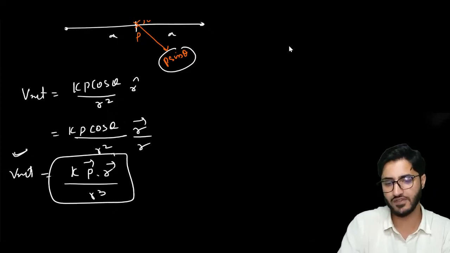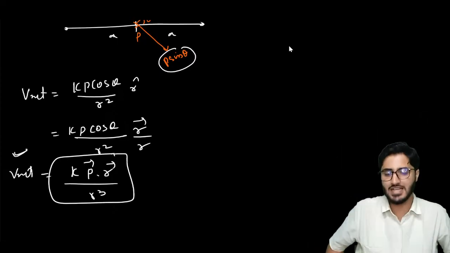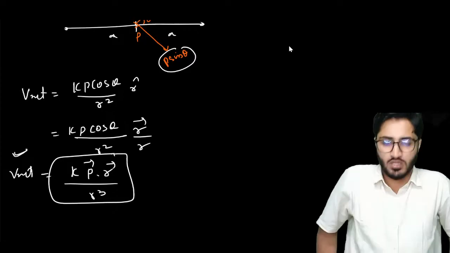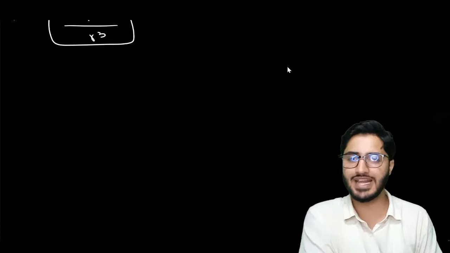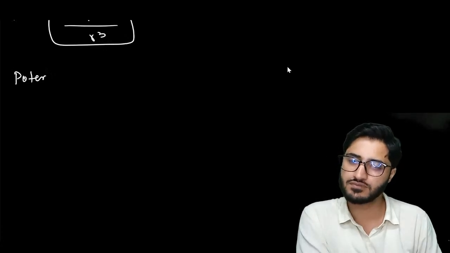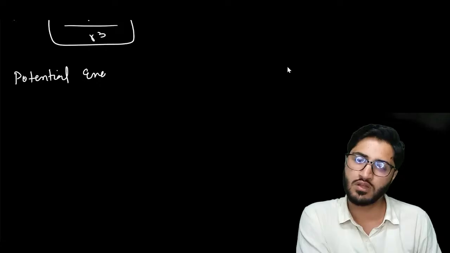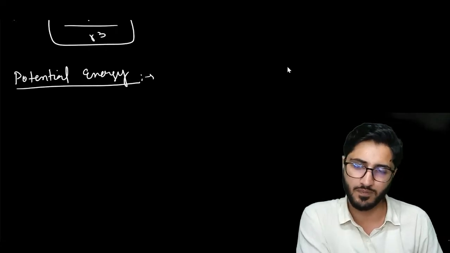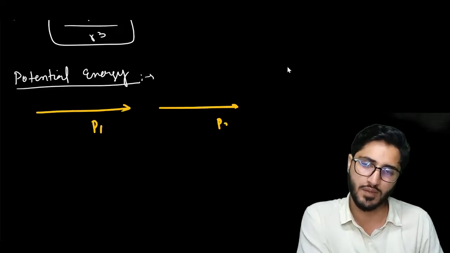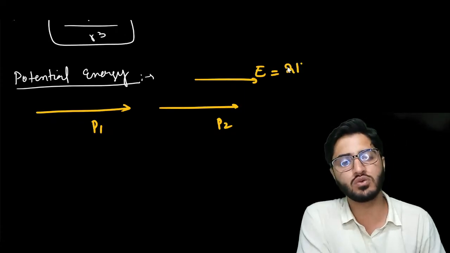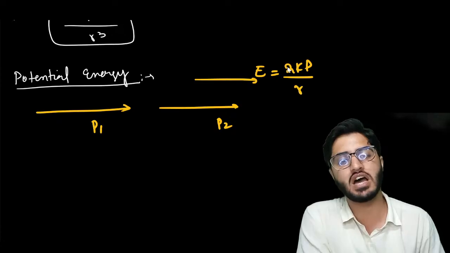So we have the last 15 minutes of class. We will complete the whole thing now. Look now, we have the potential energy concept. If we have one dipole moment here, and here we have two dipole moments, the electric field is E. At an axial point it will be 2kp by r cube.